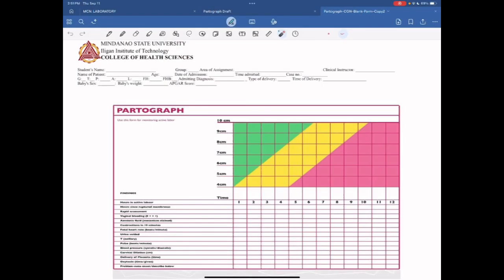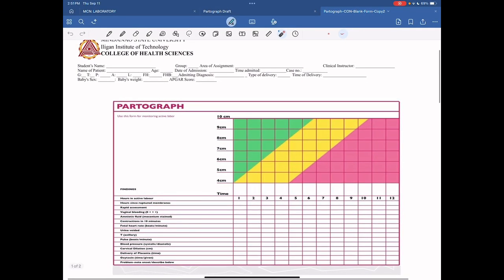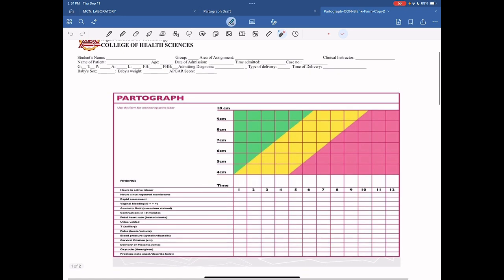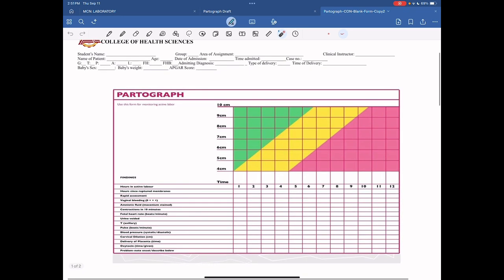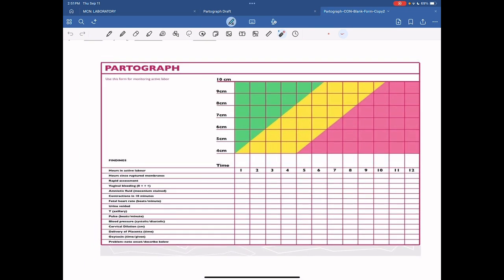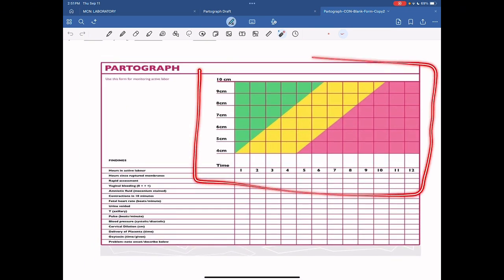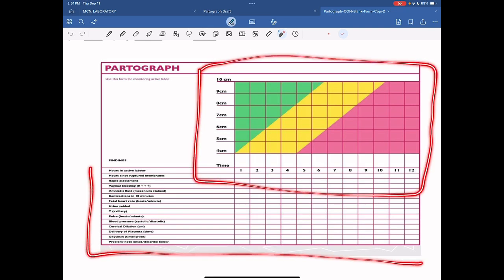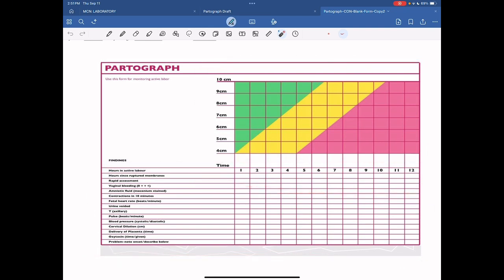Hello, so going back into the discussion, what is being shown on your screen right now is an example of a partograph chart. If we focus on it, we can see that there are two segments composing it. The first one here and the second one here. The first part indicates the progress of labor. As we can see, there is a times symbol here and numbers.